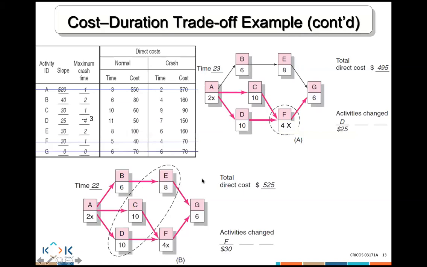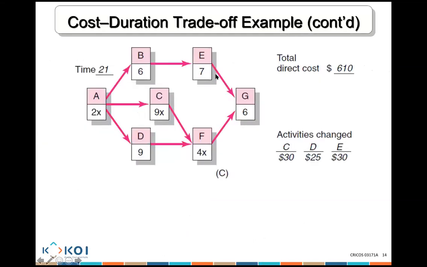You notice 8 becomes 7x. C becomes 9x because you can only reduce it by 1 time. And D becomes 9. So 7, 9x, and 9.